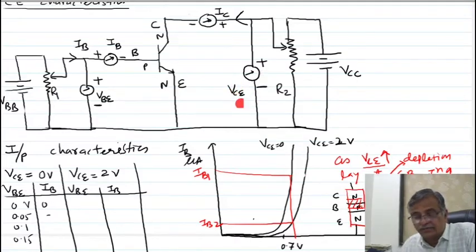Vary the collector emitter voltage in a suitable step with the help of rheostat R2 and note down the corresponding value of the collector current.